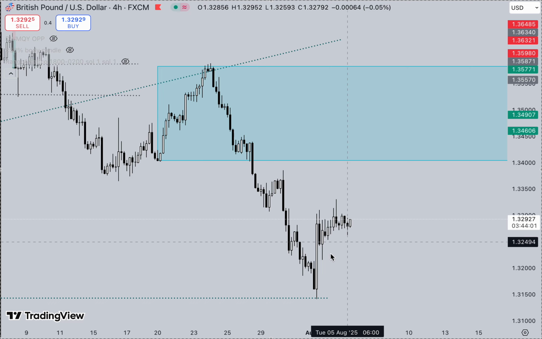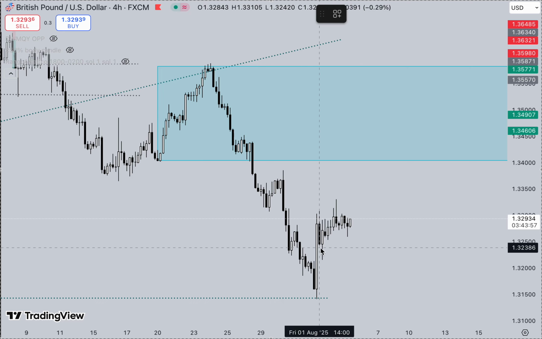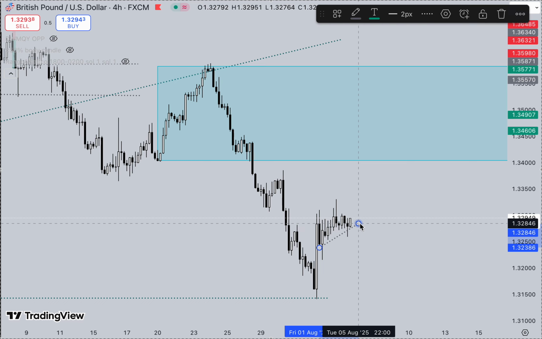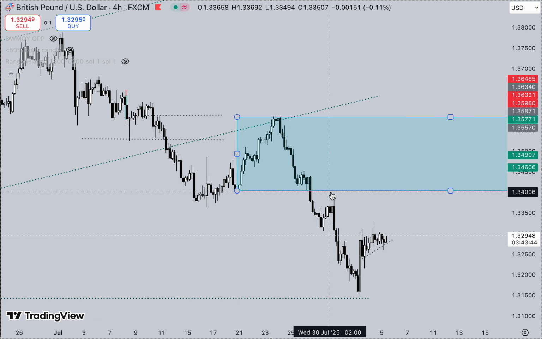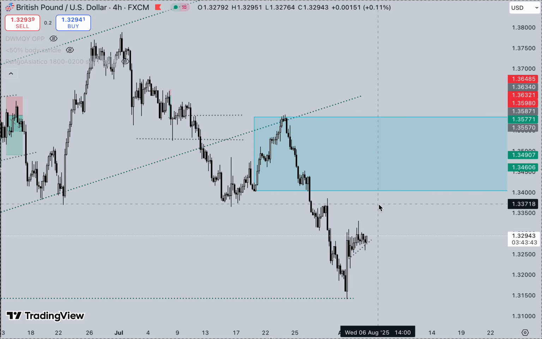I like the GU shorts better. So we have this consolidation, and a break of this low fractal structure has shifted to bearish, and then we find lower prices and we can find an entry and use it.